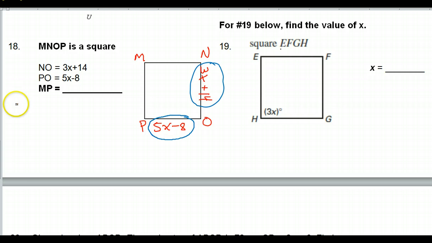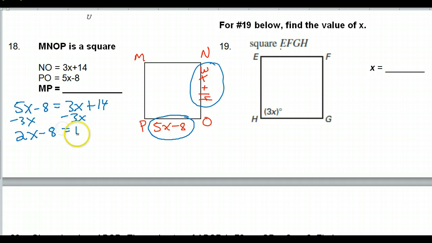So, piece of cake. 5x minus 8 should equal 3x plus 14. Subtract 3x from both sides. That leaves me with 2x minus 8 equal to 14. Let's add 8 to both sides.